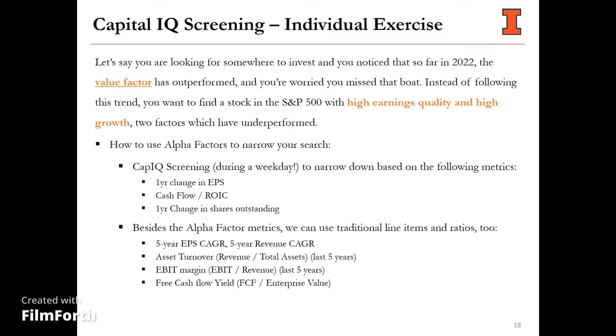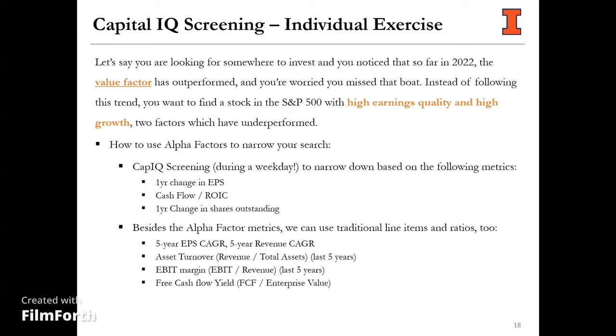And for that, we can use CapIQ to help our screen and see it more from a big picture perspective too. And one more metric I threw there at the bottom, free cash flow yield, which is the free cash flow we generated per dollar of the company's overall valuation.